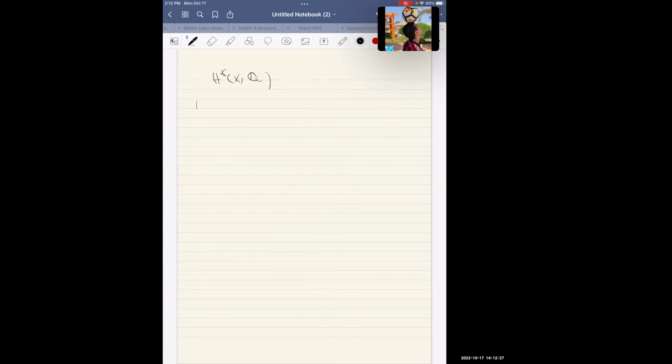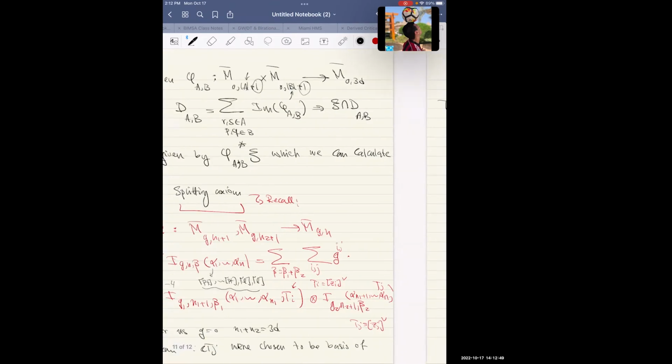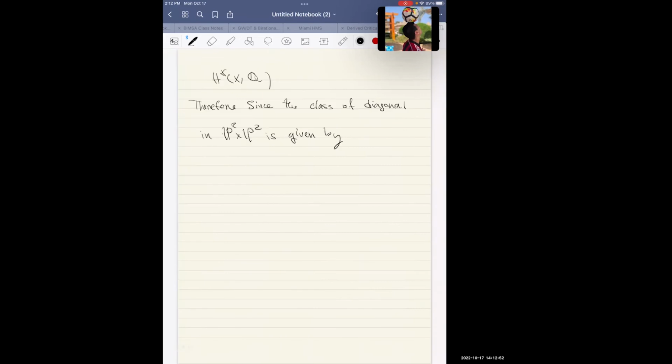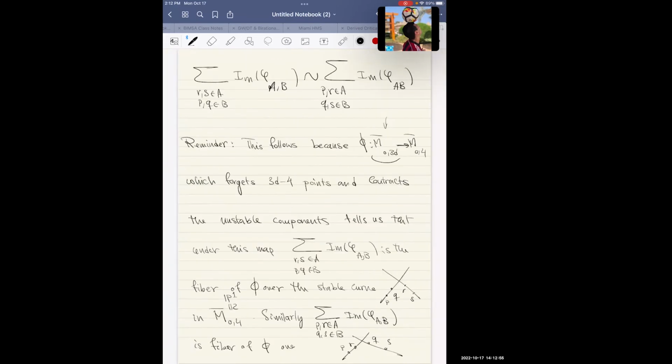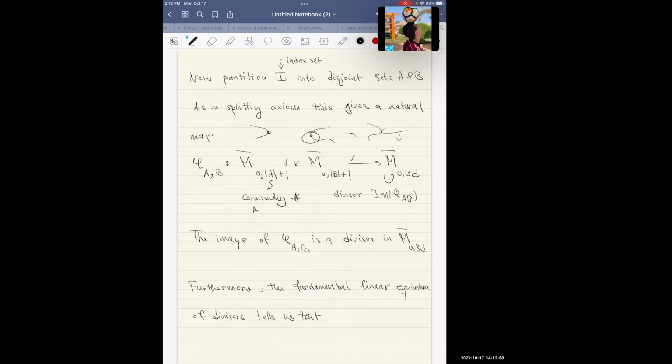So, therefore, since the class of the diagonal in P2 times P2 is given by, why the diagonal? Because you see, this picture tells us that we are looking at the diagonal. This point is the additional point that we have in here. Let's call it R1, and this is R2, these 2 points.